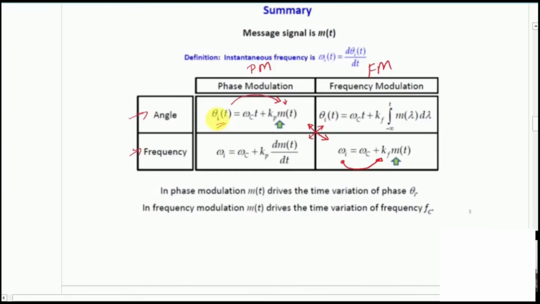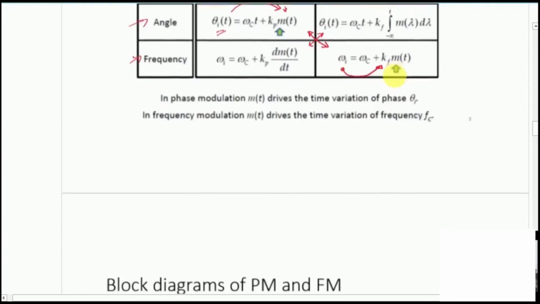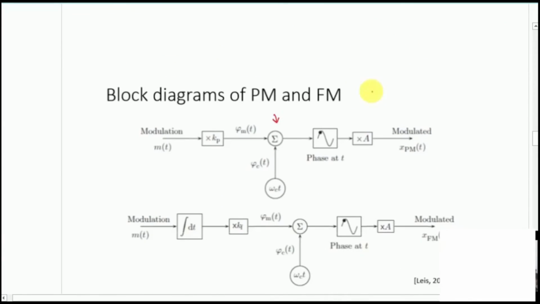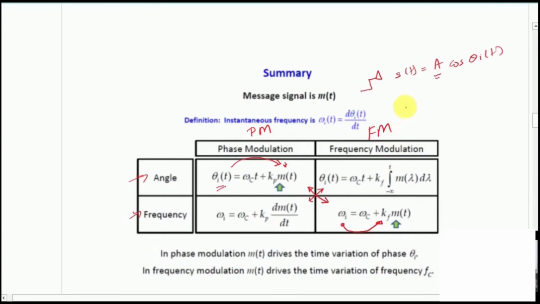Remember, when we send a signal through an antenna, we are sending a cos theta I of t. So that means that we are again multiplying with a gain of a, which is over here. And then we have a modulated signal, that is phase modulated signal. Similarly, when we're sending an FM signal, frequency modulated signal, we start with the message signal m of t and then pass it through an integral block.